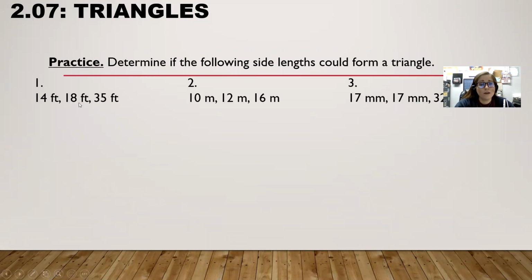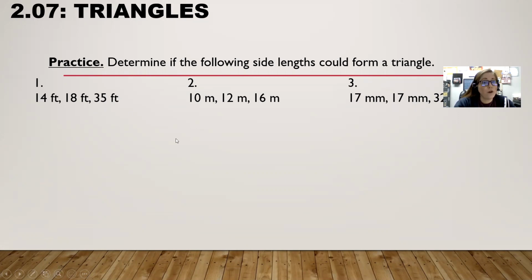Let's look at some more examples. If we have these measurements here, even before we have any pictures of the triangles, we can look at them and decide whether they are going to form a triangle. In this first example, we've got 14, 18, and 35 feet. If we took the two smaller sides of 14 and 18 feet and added them together, would we get an answer that is greater than 35 feet?